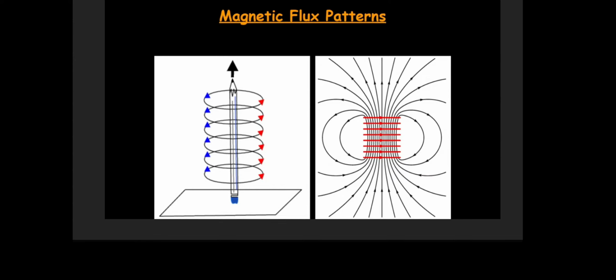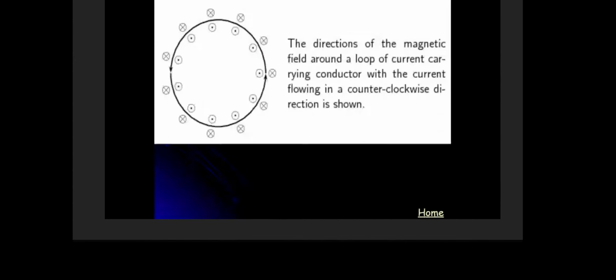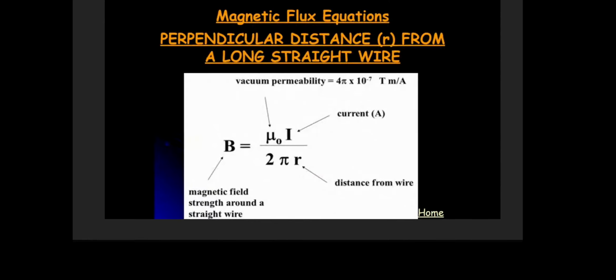So this equation tells us that the field strength is equal to a constant, the permeability of free space, which is given on every question, times the current in the conductor, divided by 2 pi r, where r represents the distance you are away from the conductor.